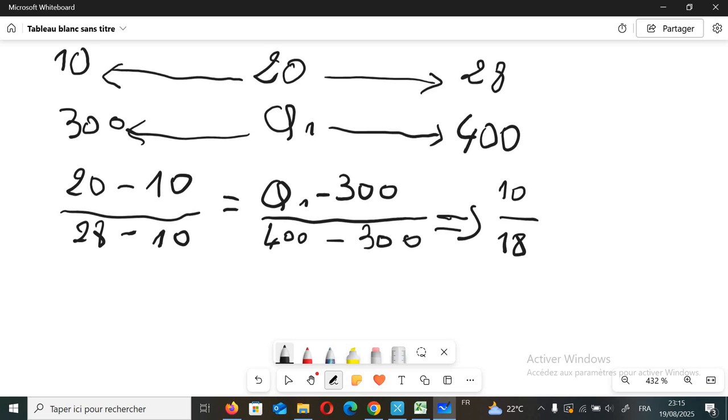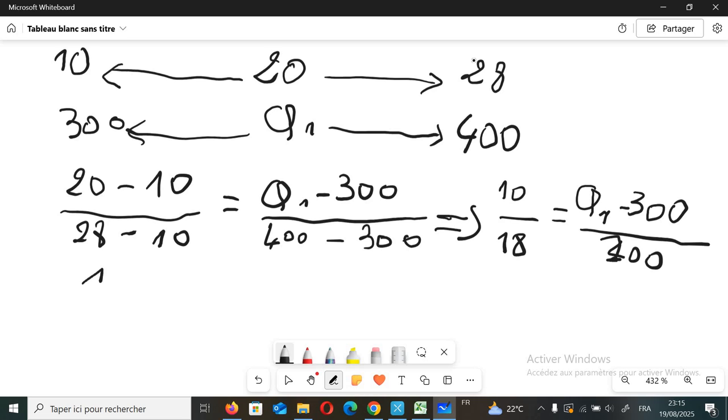Q1 minus 300, then 400 minus 300 is 100. That means we apply the rule of three: 100 multiplied by 10, divided by 18.